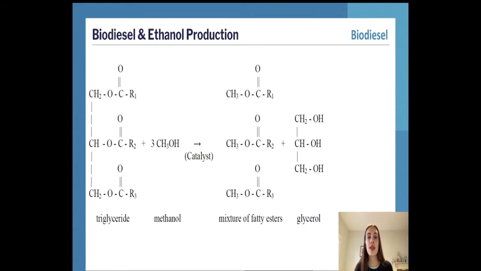Common feedstocks used in biodiesel production include what we know as yellow grease, which is a recycled vegetable oil, then other vegetable oils, and tallow may also be used.